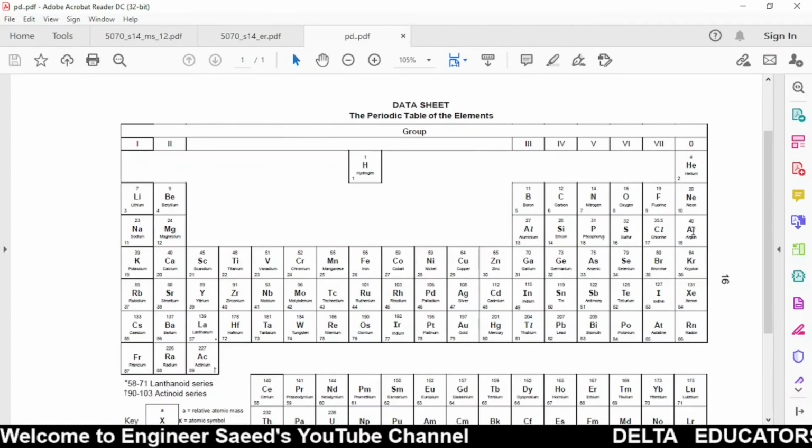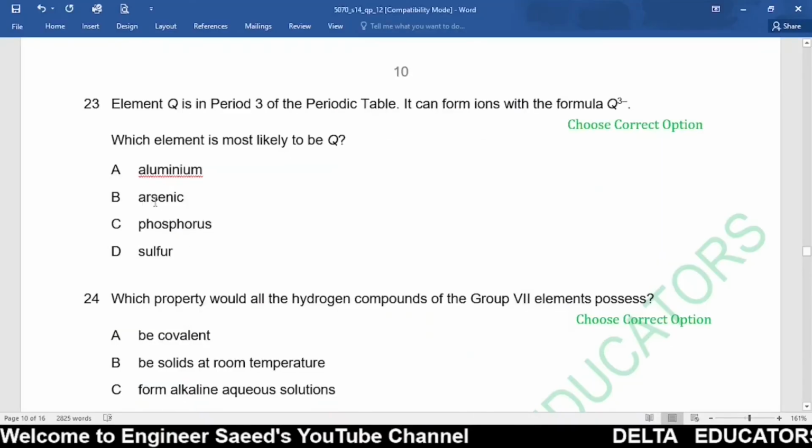In the third period, the last one is an inert gas. It has charge 0. Then we check group 7A. Here we have charge minus 1, then minus 2, then minus 3. So the element in the third period with charge minus 3 is phosphorus. So our correct option will be option C, phosphorus.